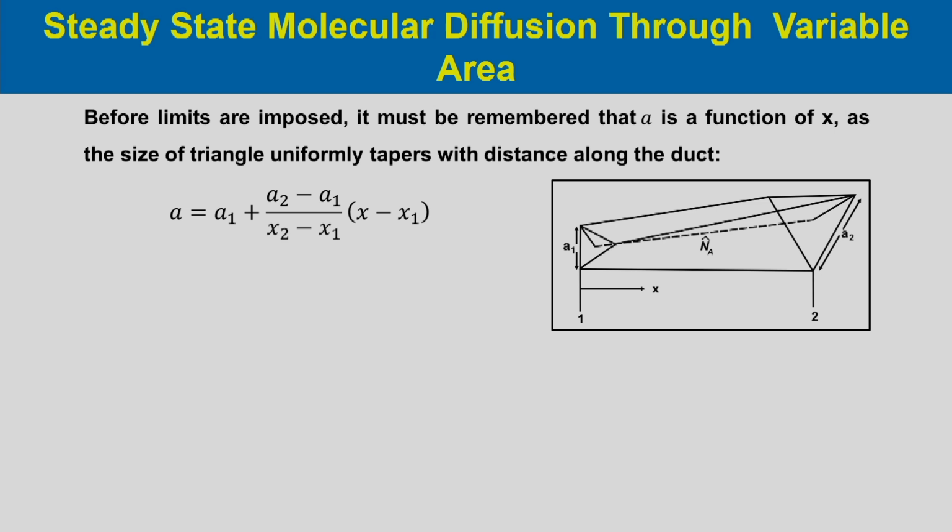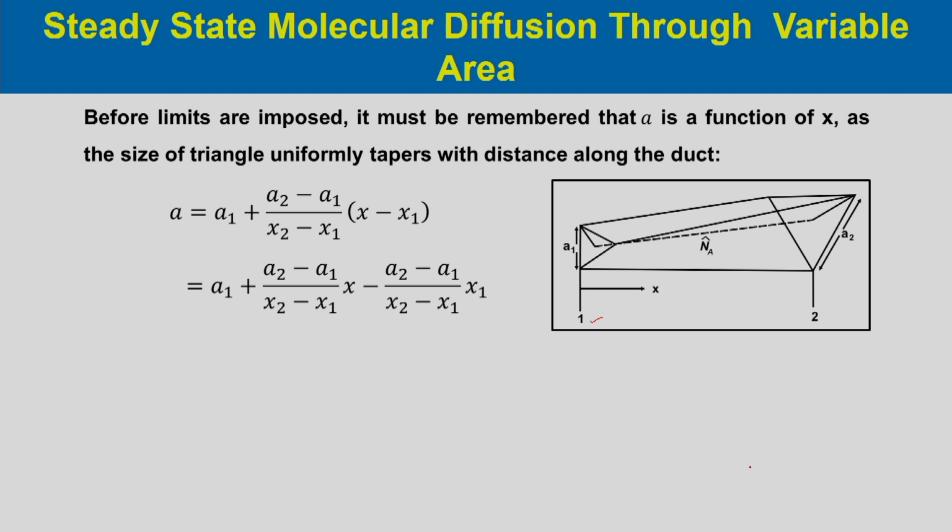Now, a would be equal to a1, at point 1 in this figure, plus a2 minus a1 divided by x2 minus x1 into x minus x1. So, this is the relation between a and the distance.